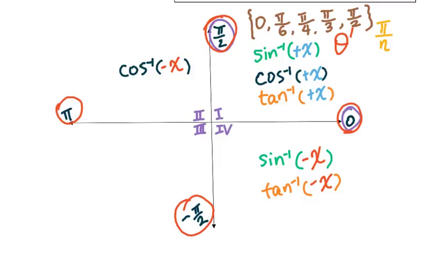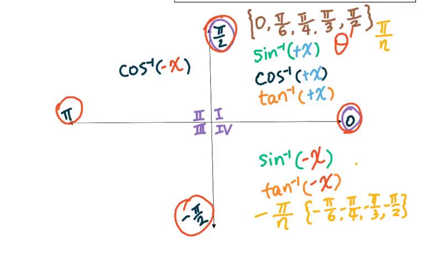When domain is negative for inverse sine and tangent function, then the pattern will be negative pi over n, which means negative pi over 6, negative pi over 4, negative pi over 3, or negative pi over 2.